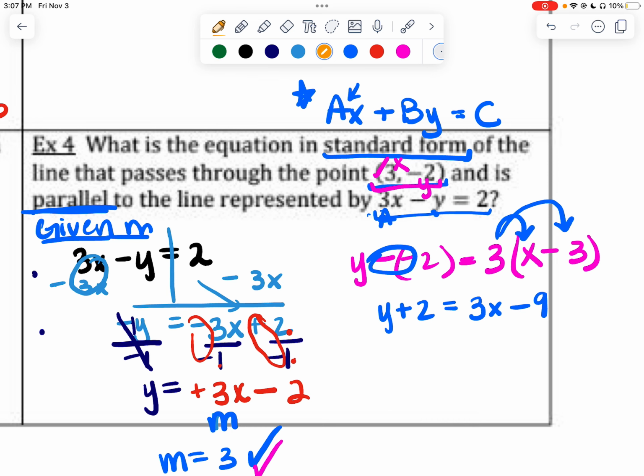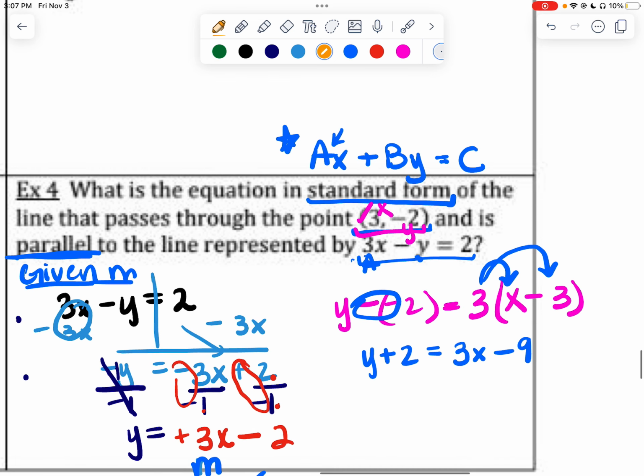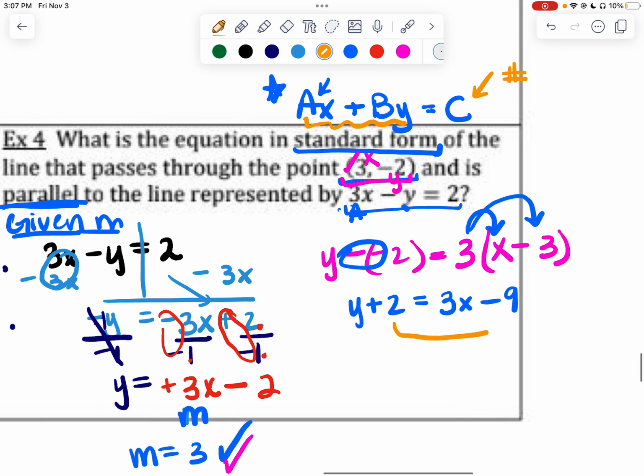Okay. Let's see, standard form, gotta keep the end goal in mind. X and y are on the same side when I look at standard form. The C is just a number by itself. So I want all the numbers by themselves to go to that side. I want all the x's and y's to go to the left. Let's take it one at a time.